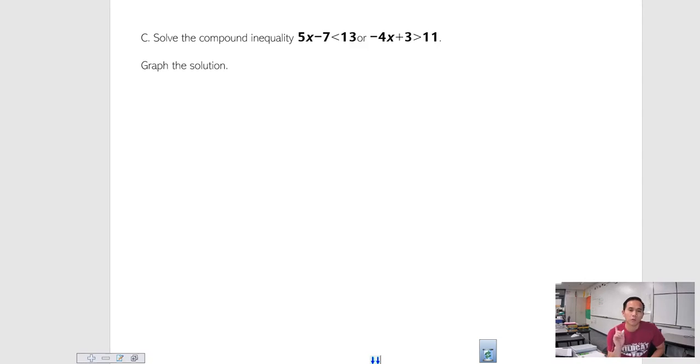But remember, when you are dividing or multiplying by a negative number, you have to switch your inequality symbol.